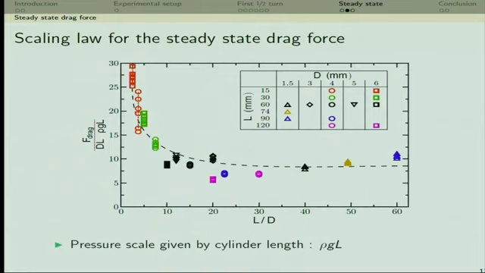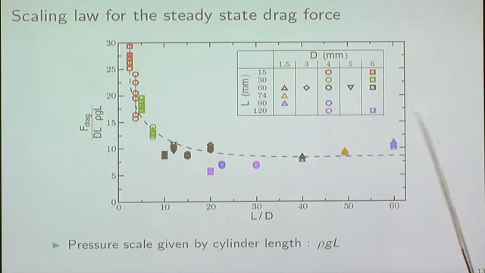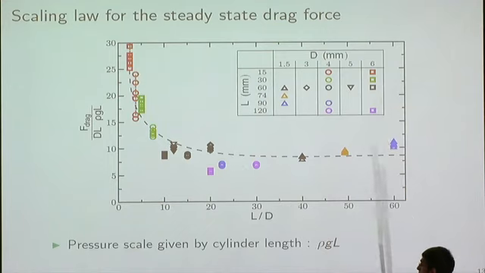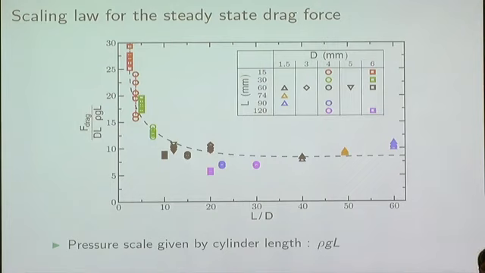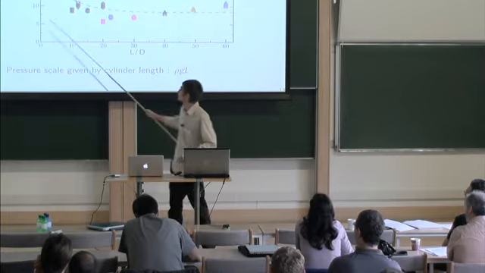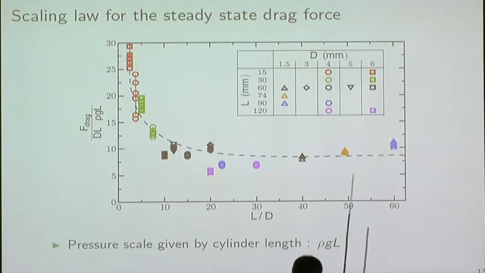So that's what we see here. We see a good collapse of the steady state drag for several cylinder lengths and diameters, once again apart from small size effects, when the cylinder aspect ratio is less than about 10. So here we have a drag which is proportional to the length of the cylinder, and of course always proportional to the surface of the cylinder.